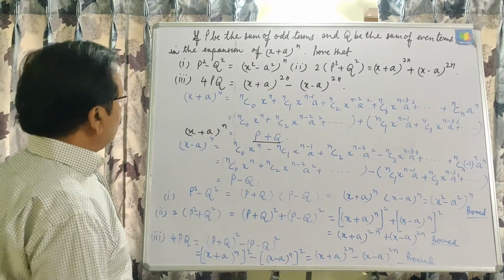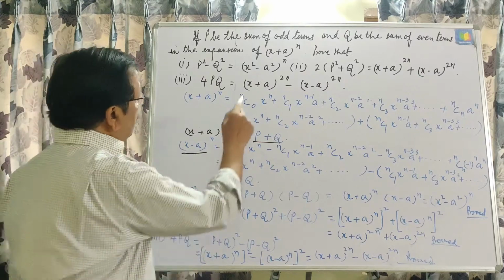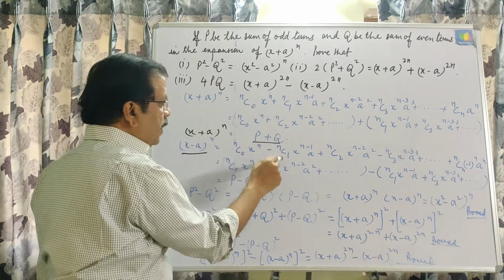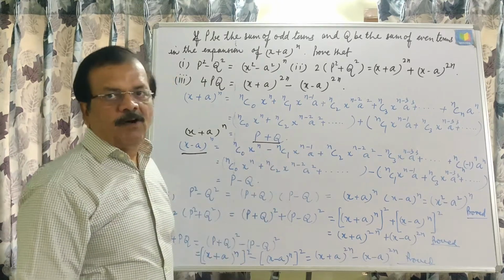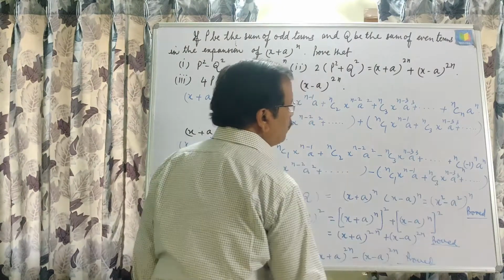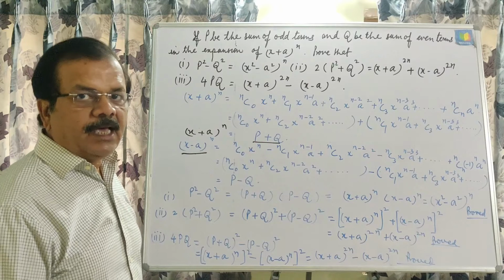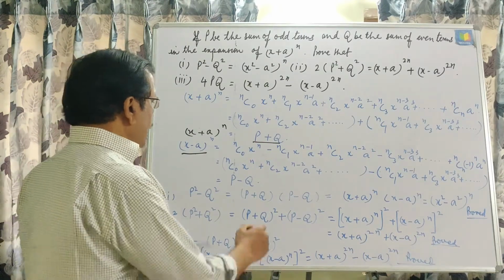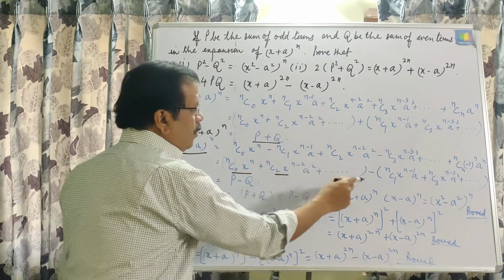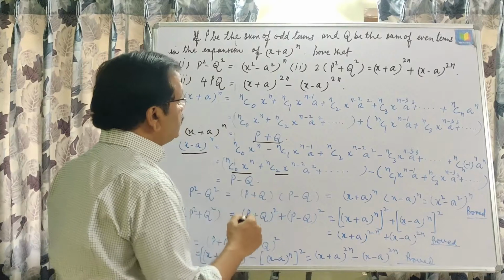Now x minus a to the power n, in place of this if we use the minus sign, then the signs will alternate, plus minus, and the last one will be nCn, minus 1 to the power n, a to the power n, as we are writing the expansion in this way. Again separating even and odd terms, we can see this is p minus q.